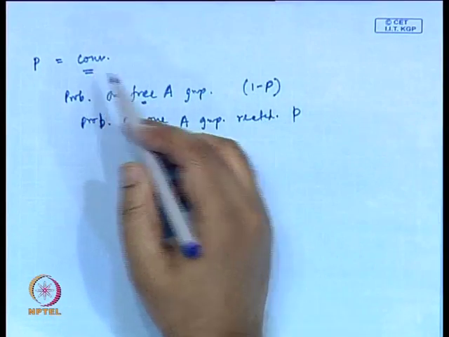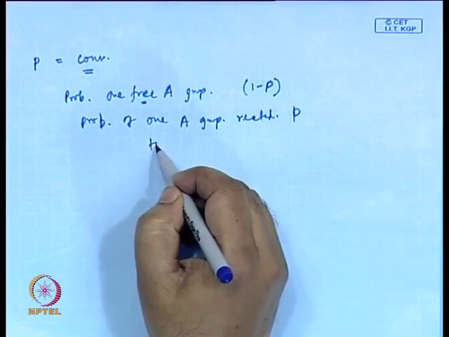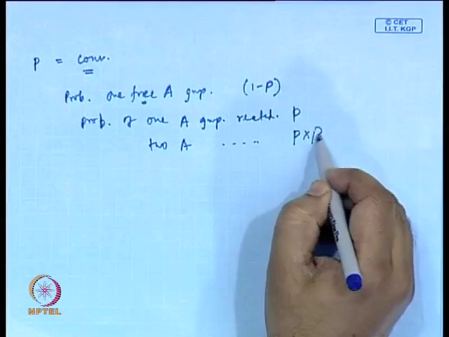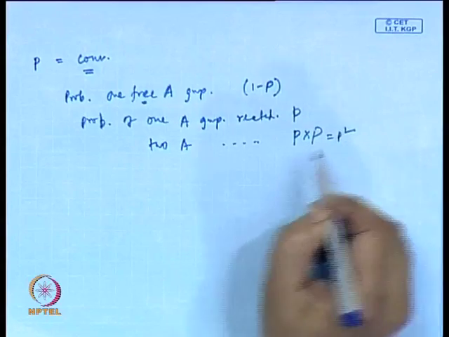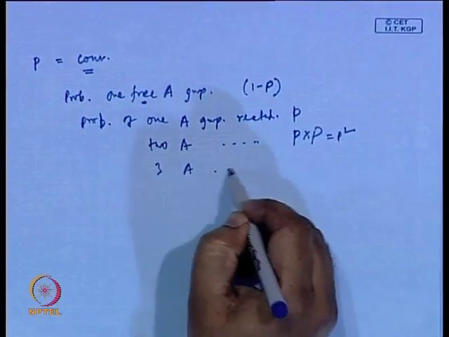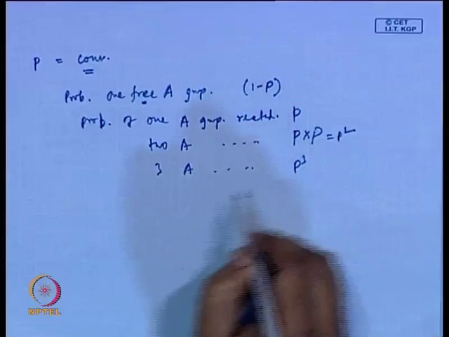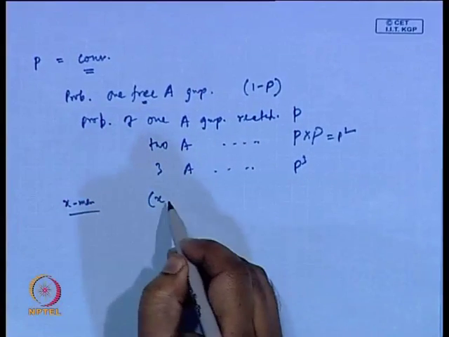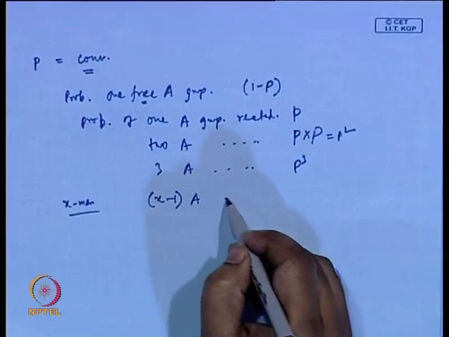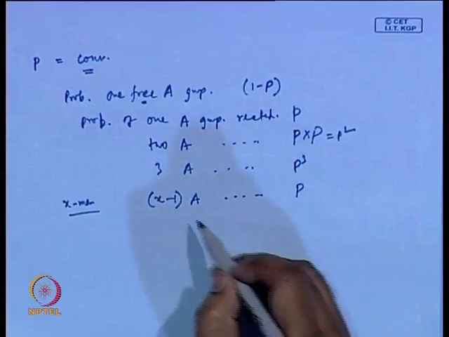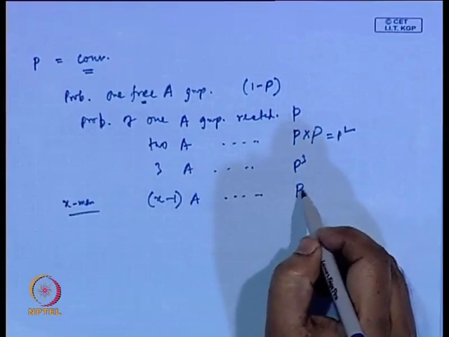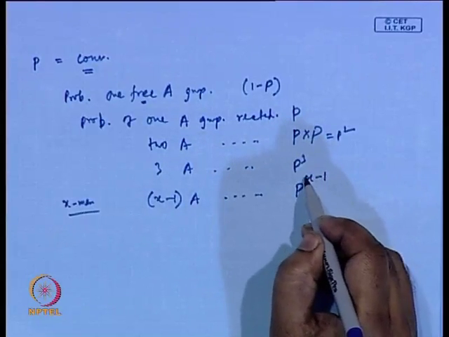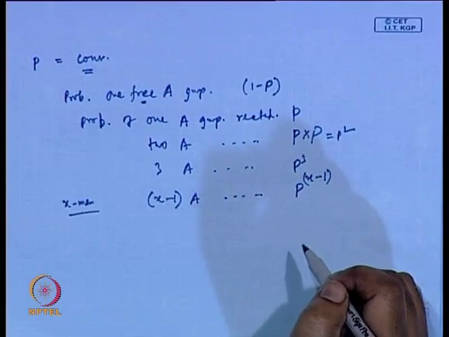What is the probability of 2 A groups reacted? p into p, or p square. 3 A groups reacted, p cube. So, in an x-mer we have x minus 1 A groups which have reacted, and the probability of x minus 1 A groups reacted is p to the power x minus 1.